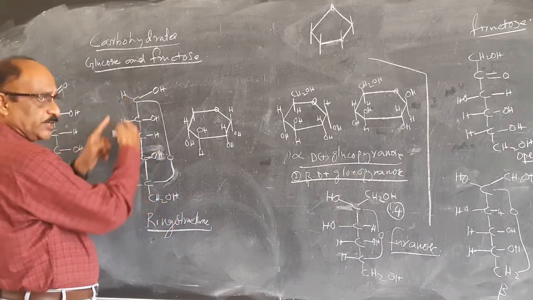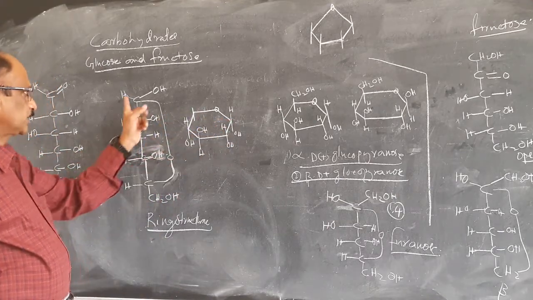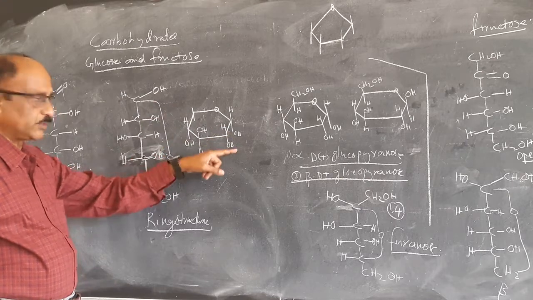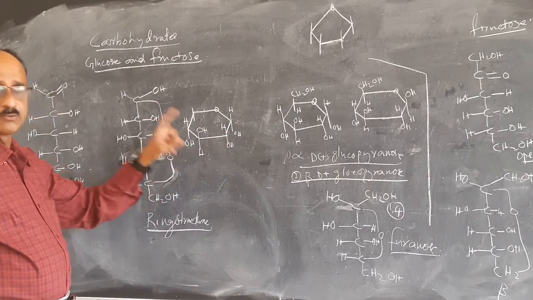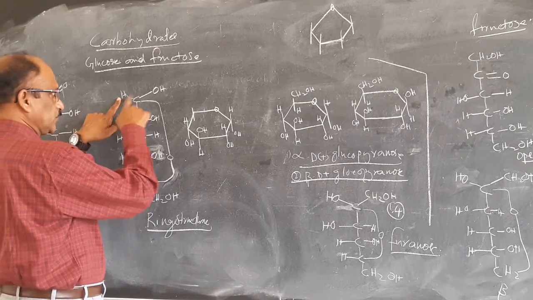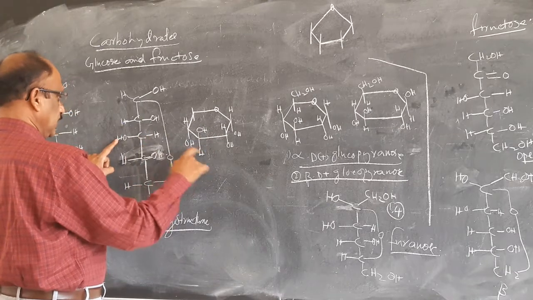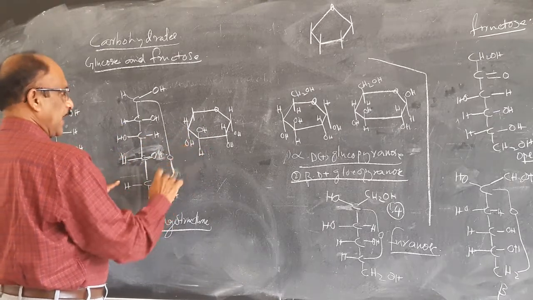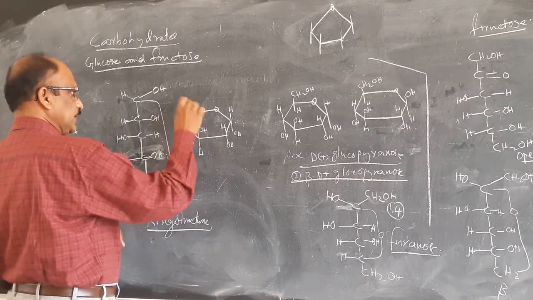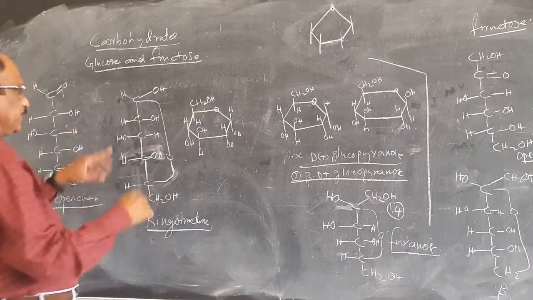Understood? The left side group you have to write on the top of the bond, and the right side group you have to write down. And starting from the top, you have to write H OH, right? H OH again, OH, H OH, and the last group you have to reverse, H CH2OH.